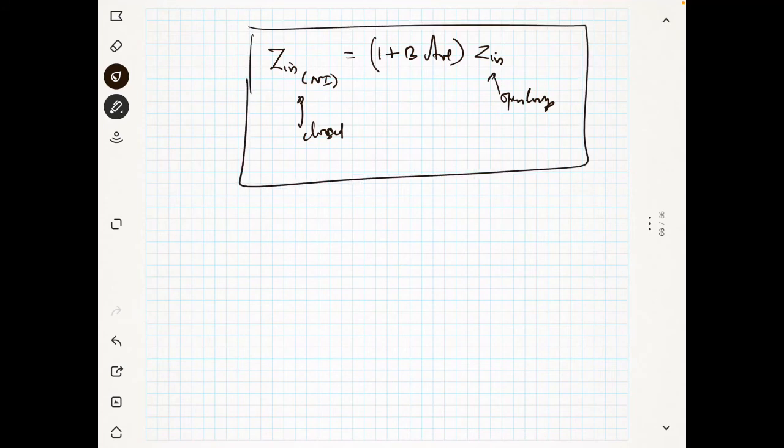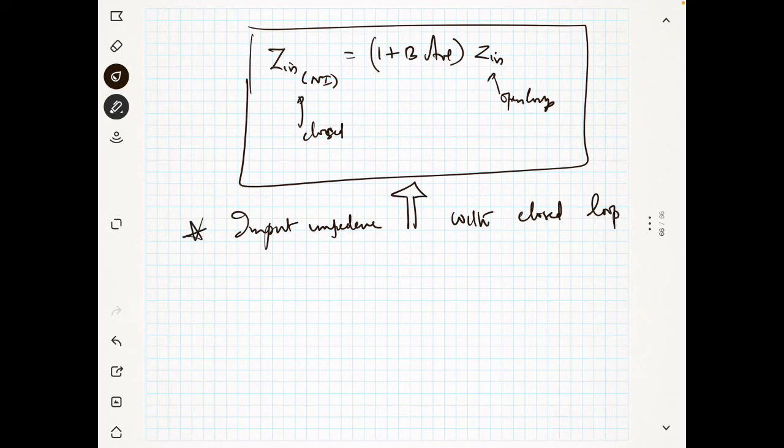That means that your input impedance increases with closed loop. Closed loop, that is the main point that you have to notice.